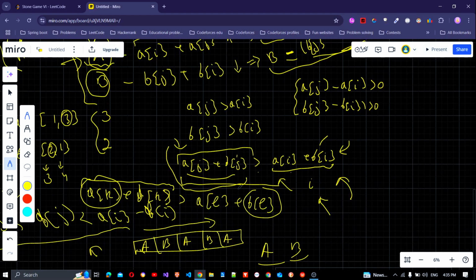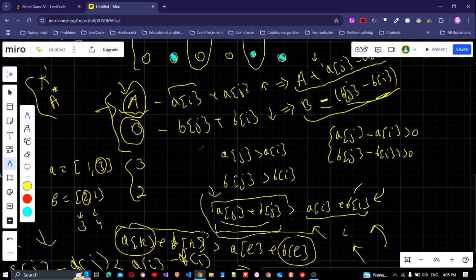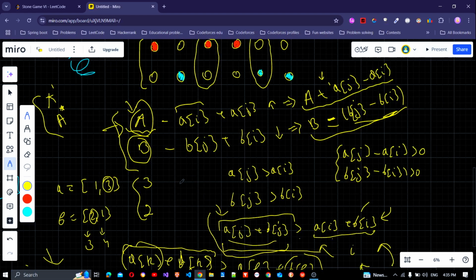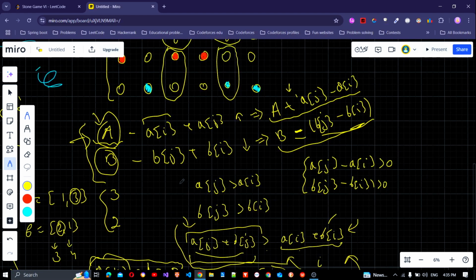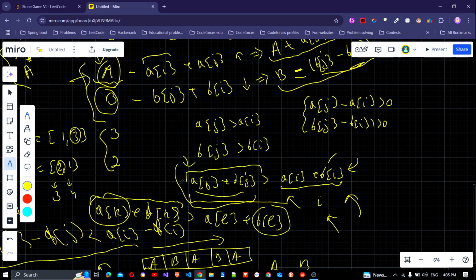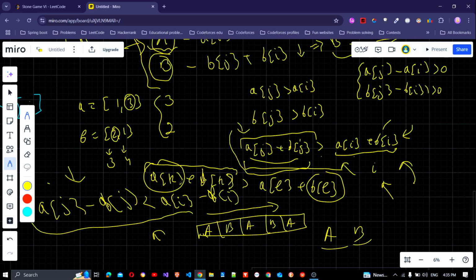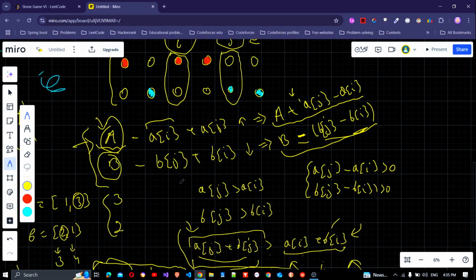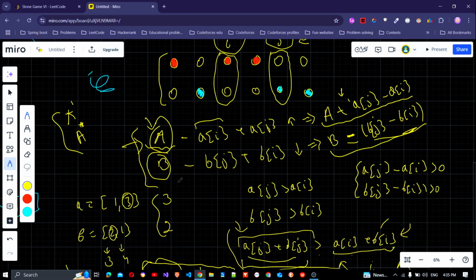You better know problems that include arrays, game theory, maybe number theory. You need to know a little bit of mathematics, and then proving stuff like this is easy to solve.